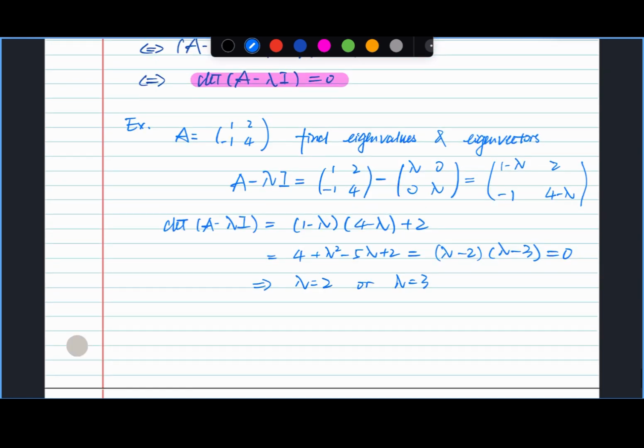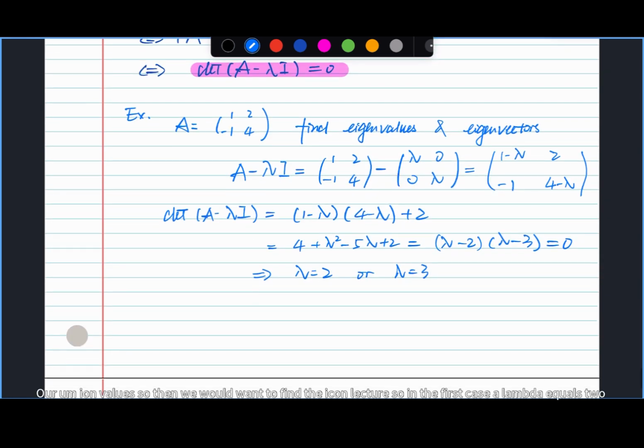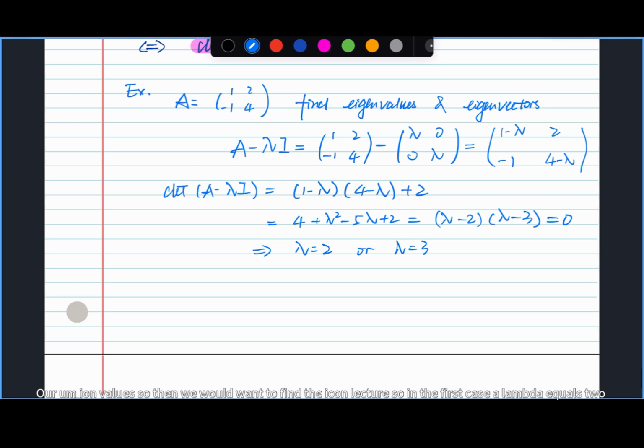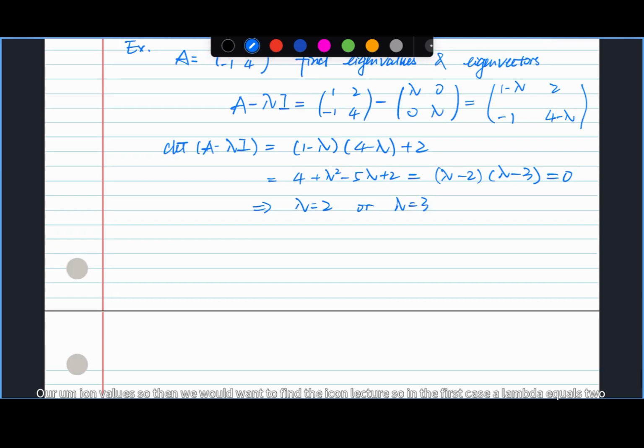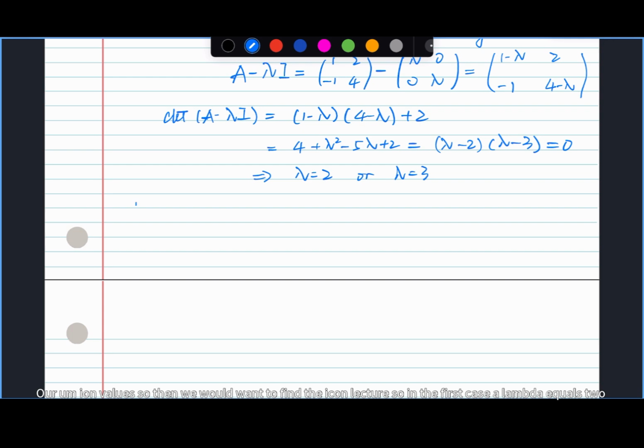Okay, now we have the lambdas. These are our eigenvalues. So then we would want to find the eigenvectors. In the first case, lambda equals 2.